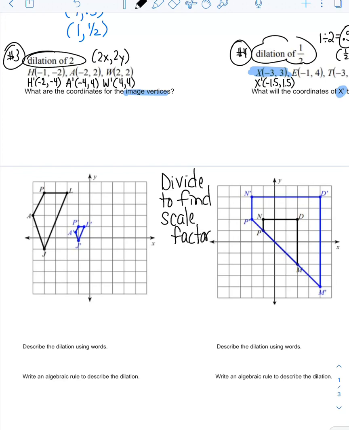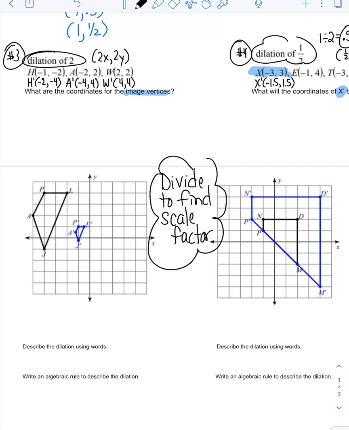And that'll help us to write our rule. Okay, so write that down. Divide to find the scale factor. So what do we divide? Well, typically we take the original and we multiply by the scale factor. So to find the scale factor, we take the original and divide it by where we end up.